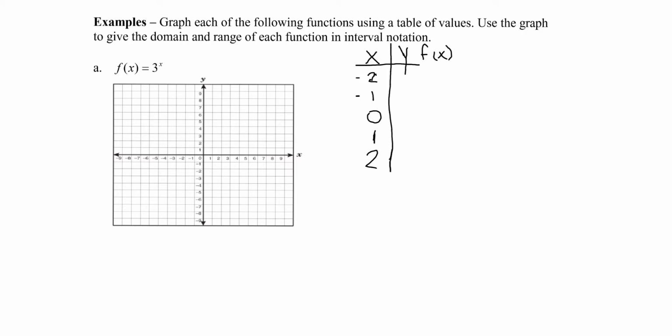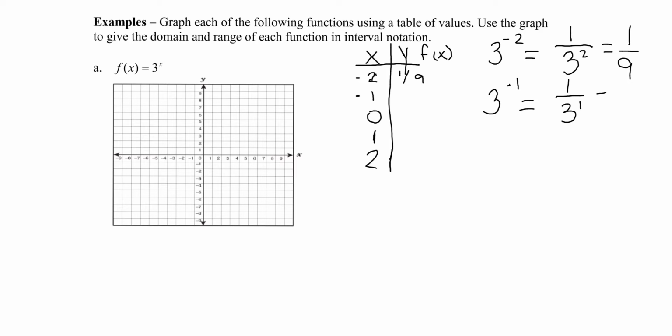To find our y values, I'm going to substitute those into our function. First I will do 3 to the negative second power, which again, remember we want a positive exponent, so we take the reciprocal, and it becomes 1 over 3 to the second, or 1/9. Next, we have 3 to the negative first power, which becomes 1 over 3 to the first, or 1/3.